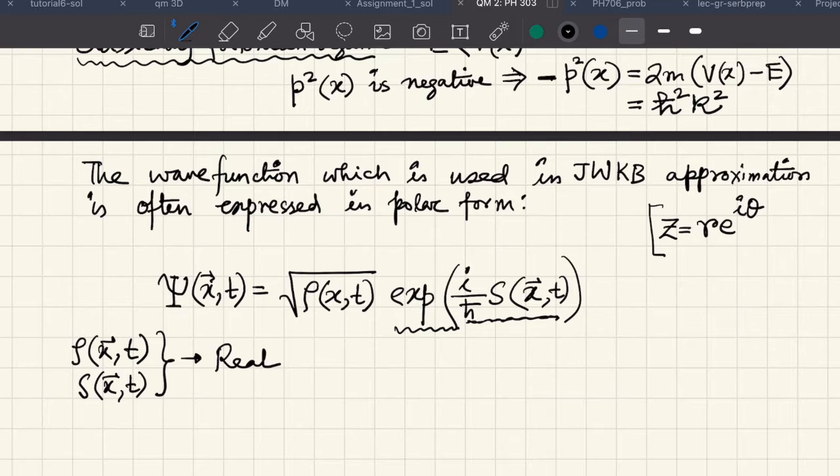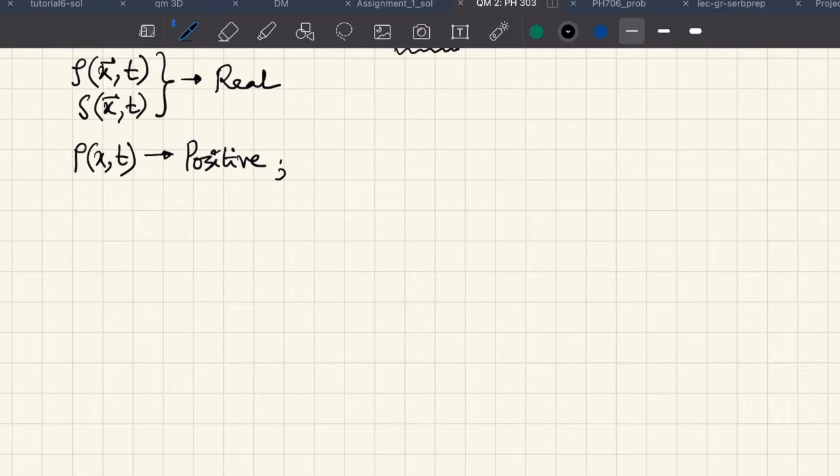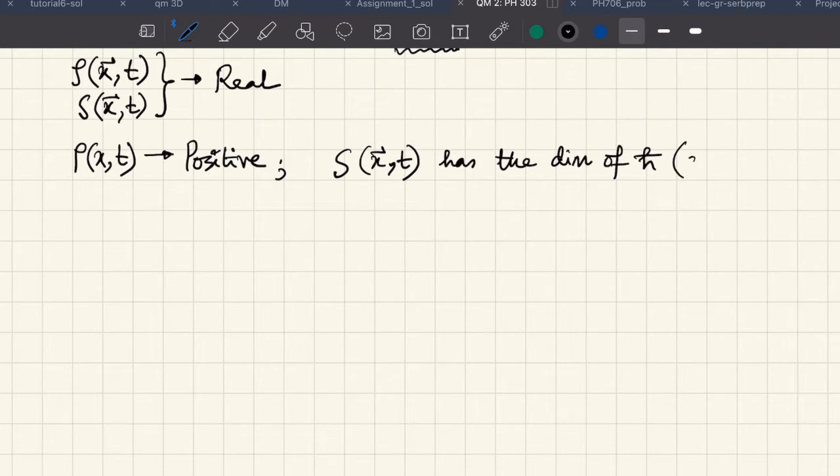So apart from being real, we have these following two observations about ρ and S. That is, ρ is positive because it is within the square root, and S(x,t) has the dimension of ħ, that is angular momentum.